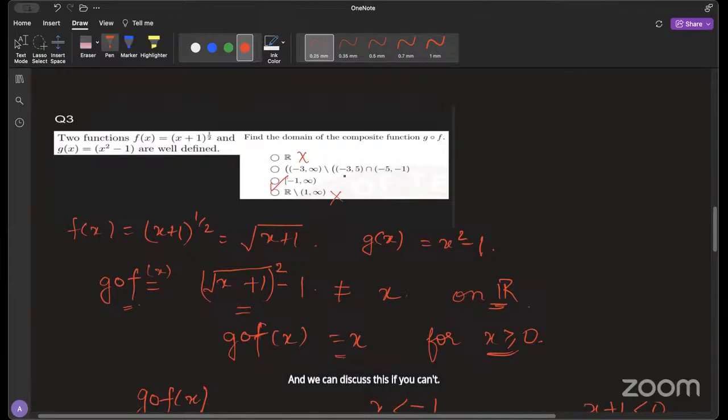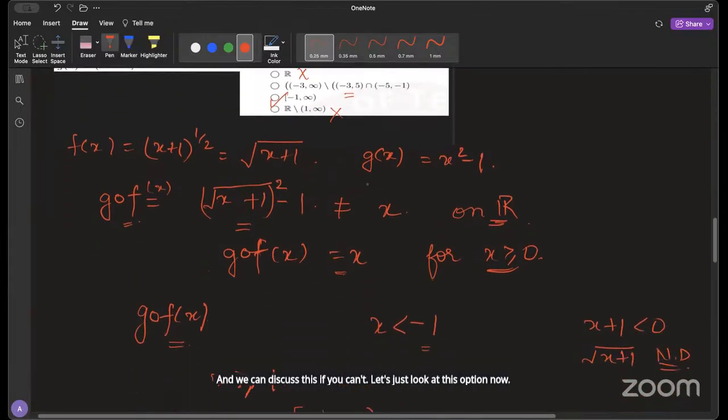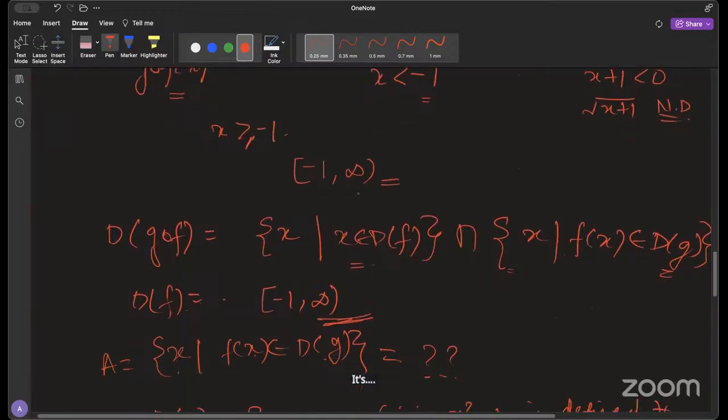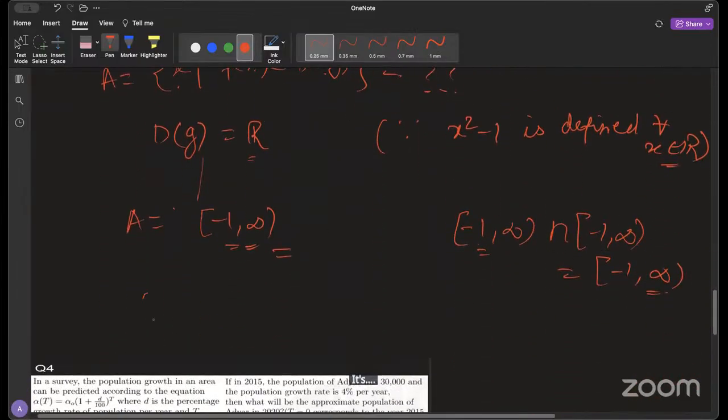Let's just look at this option now. It's -3 to infinity minus -3, 5 intersection -5, -1.